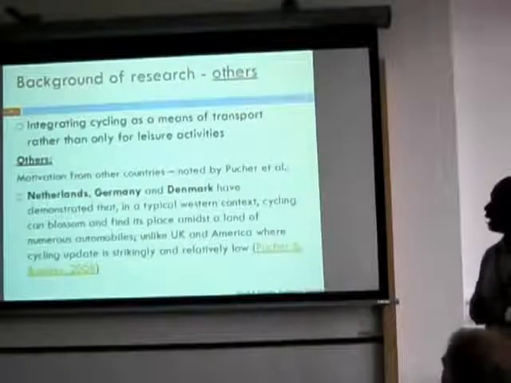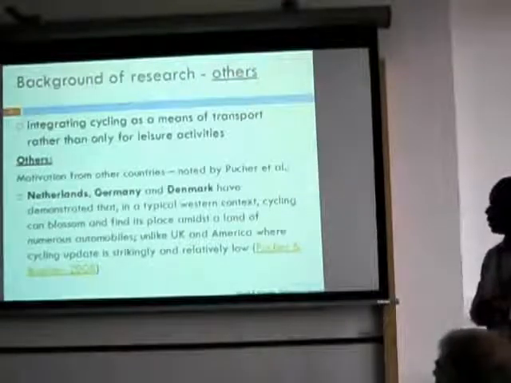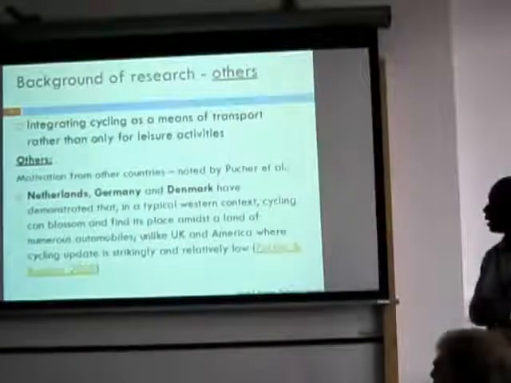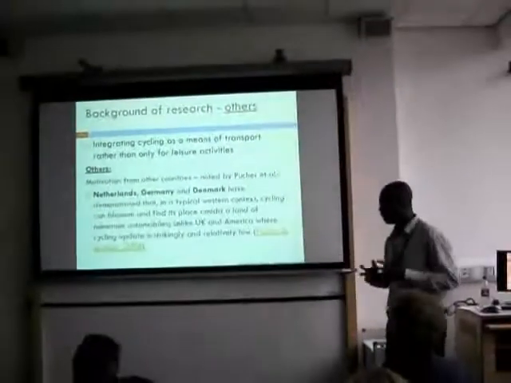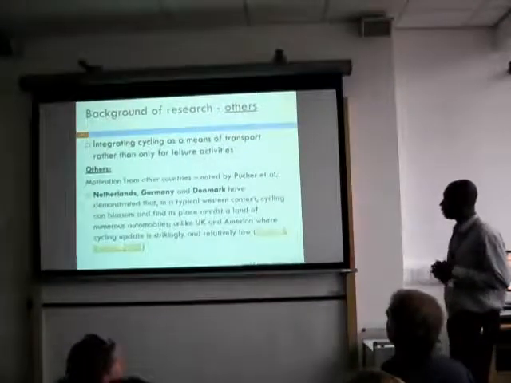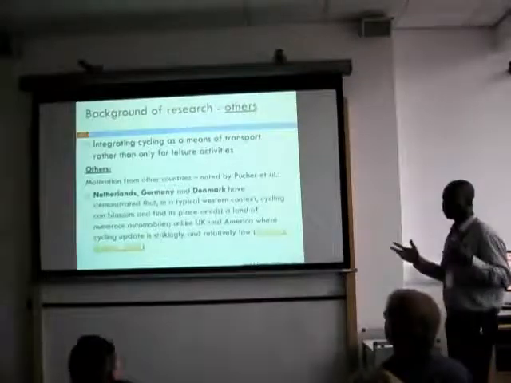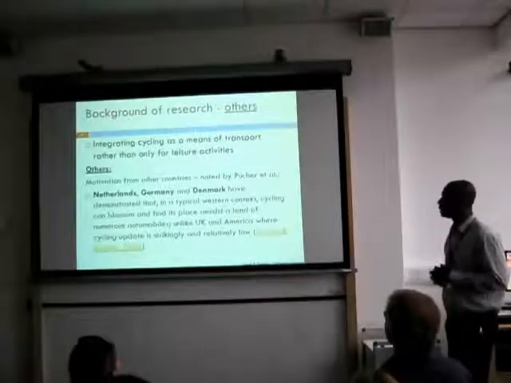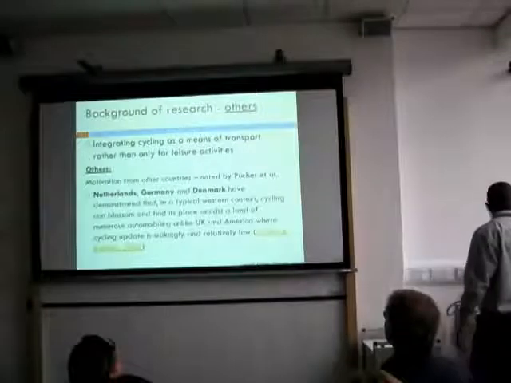And there are motivations actually, especially in the Western context, and some countries like the Netherlands, Germany, and Denmark have also demonstrated that. So therefore, cities or countries with lower cycling uptake, in a way, are motivated by this.